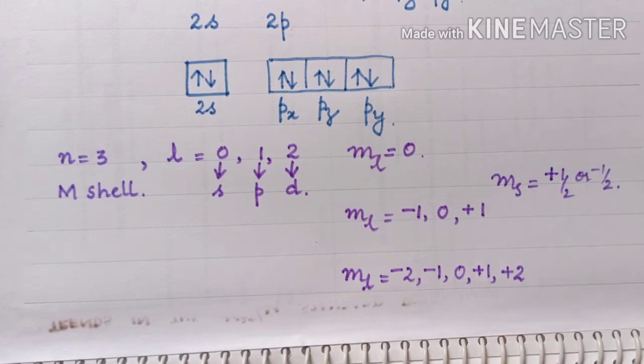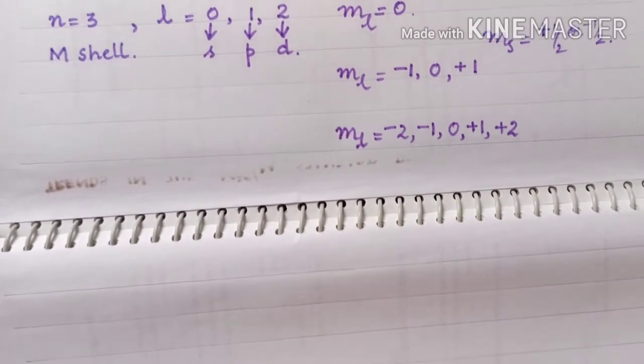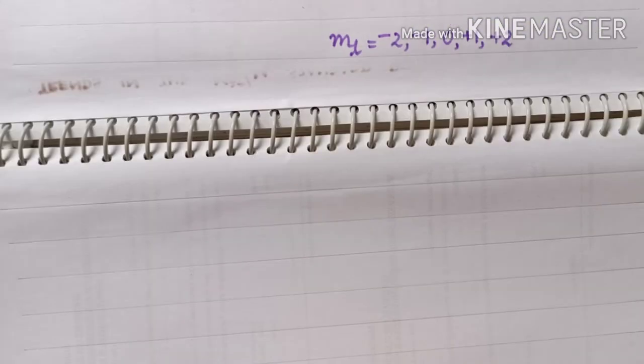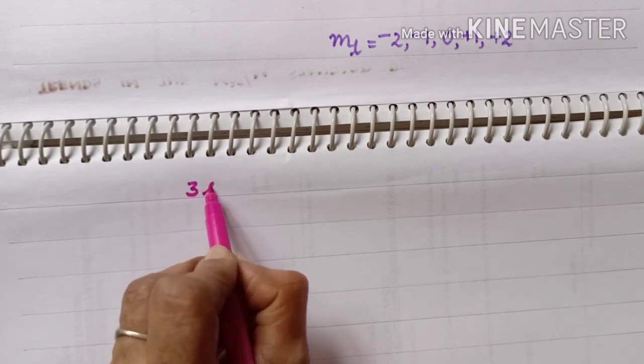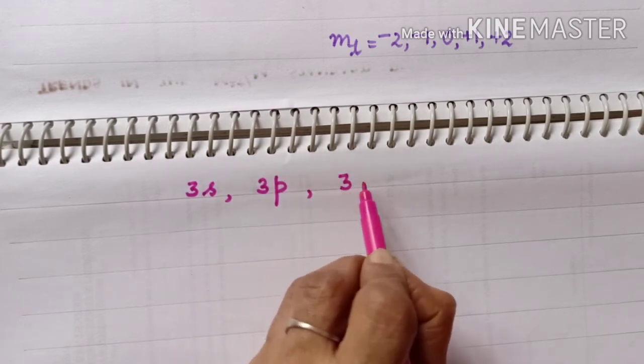So we shall find out what are the different orbitals present in M shell. Orbitals present in M shell are 3s, 3p and 3d.